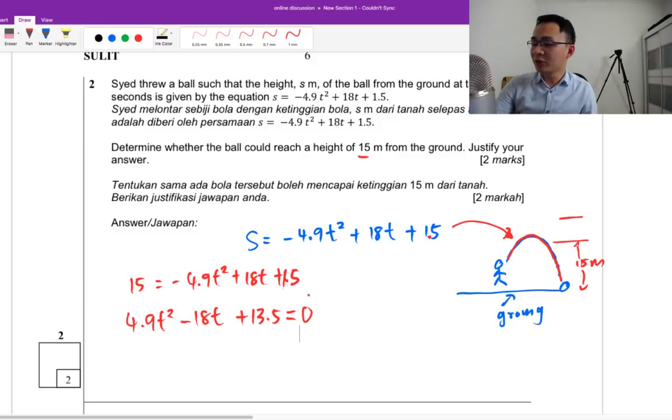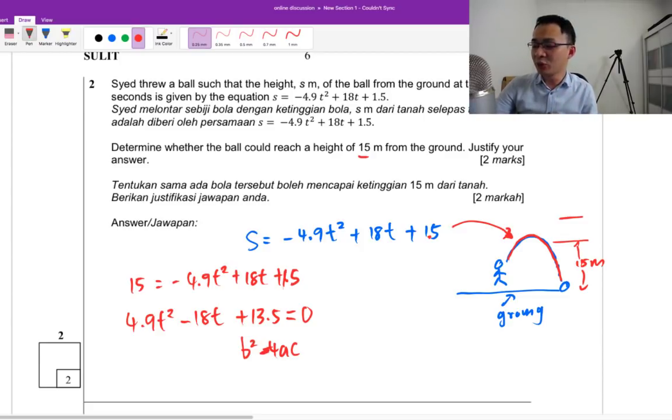So I want to know whether it's possible or not. Is it possible for me to actually get the value of t? So what I will do is, I want to do b squared minus 4ac in this case, because b squared minus 4ac tells you how many roots there are. If b squared minus 4ac is less than 0, then I will say it is not possible because you will have no t value.